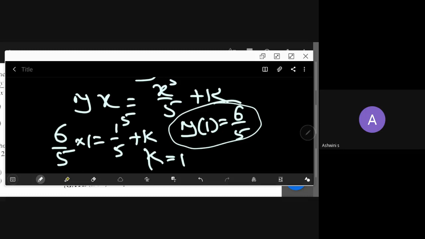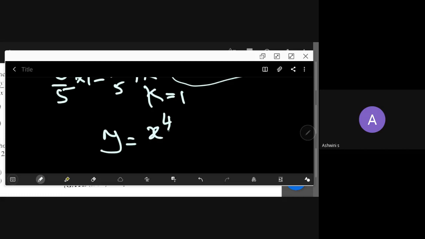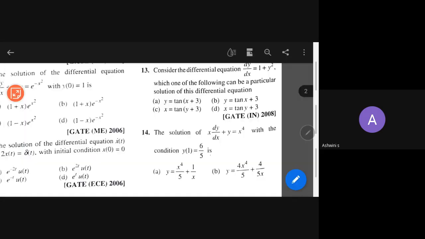So y is x power 4 by 5. So that is the answer here. Y is equal to x power 4 by 5.